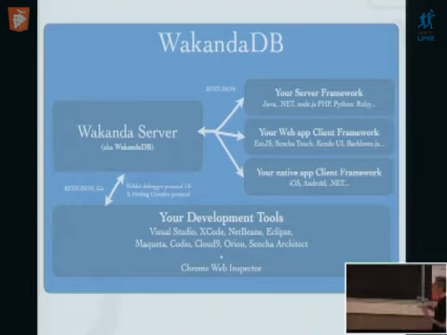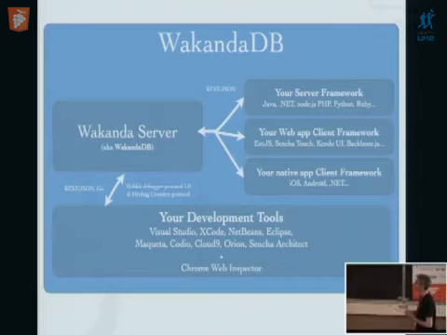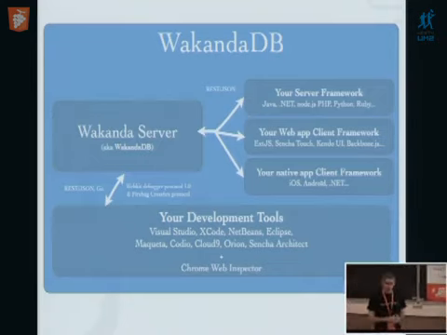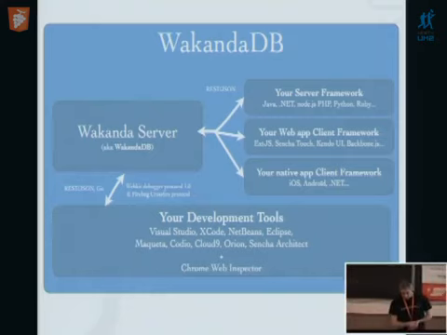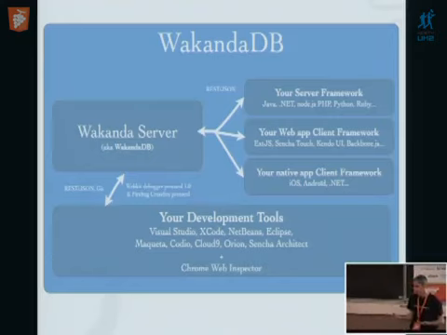So what does that mean? It means that you have a REST API, like for CouchDB or MongoDB or other ones. You can use it from Java or from a client-side JavaScript framework, or also from native applications. And for the tools, of course, it's just XML files, JSON files, JavaScript files, so you can use any tools you want.